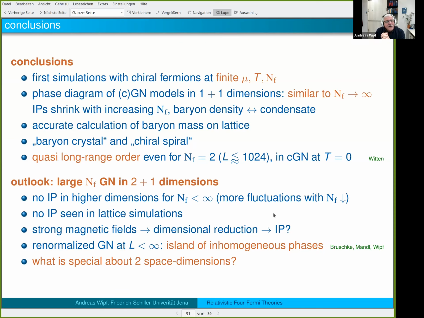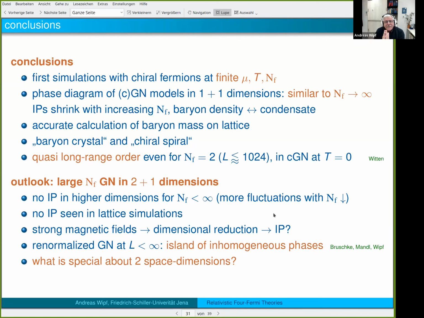Now, what we have seen in the stability analysis is that the inhomogeneous phases shrink with increasing number of flavors. Oh, sorry, no, this was a lattice simulation. This is finite number of flavors. So the region where we have inhomogeneity shrinks with increasing number of flavors.